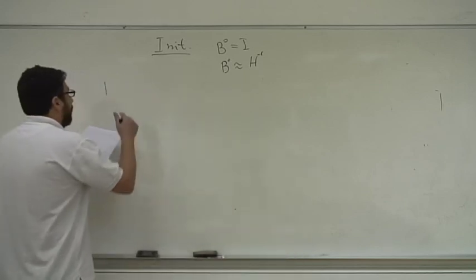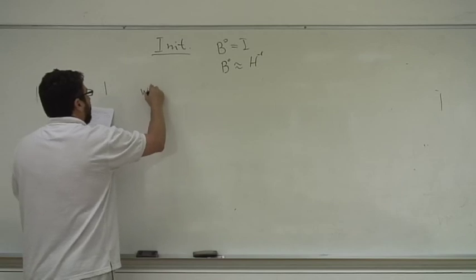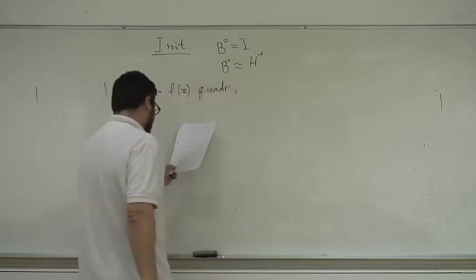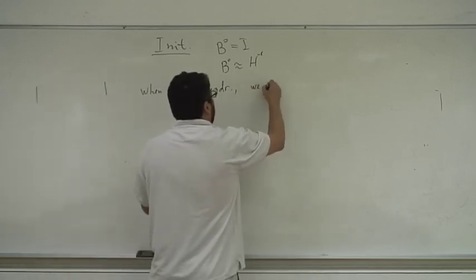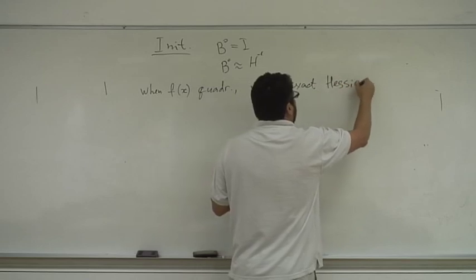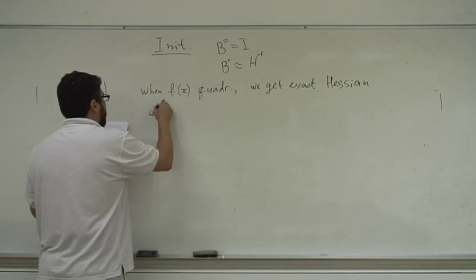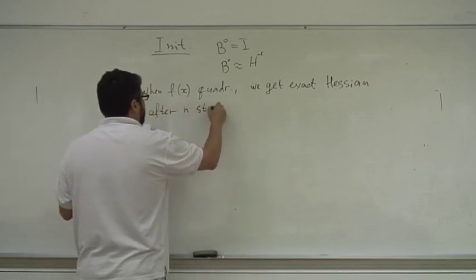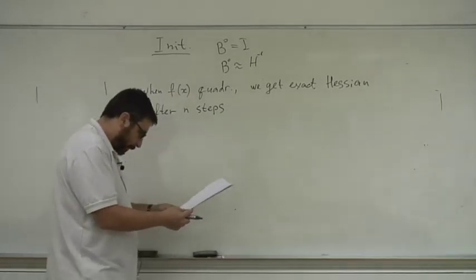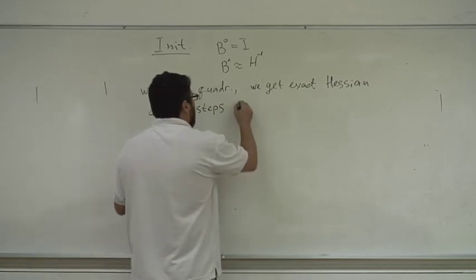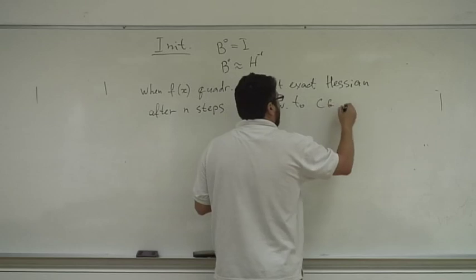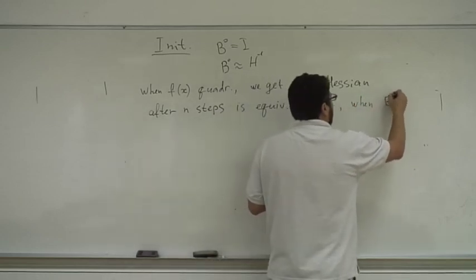So when f(x) is quadratic, we get exact Hessian after n steps, and it is equivalent to conjugate gradients, CG, when B_0, the initial matrix, is identity.